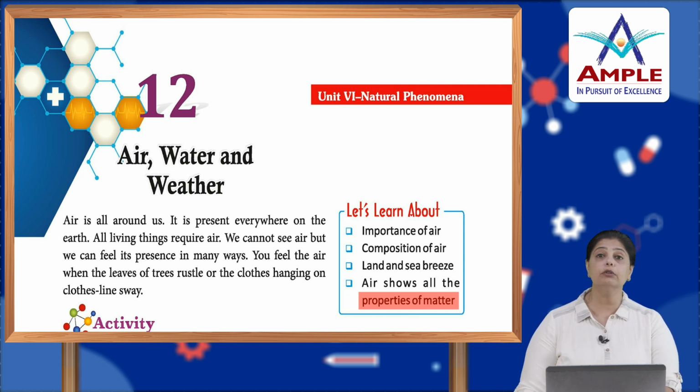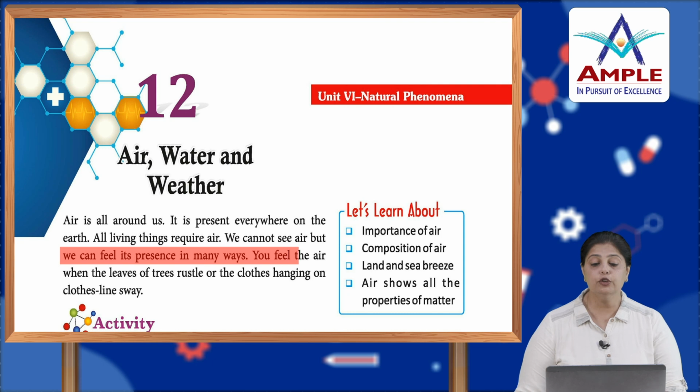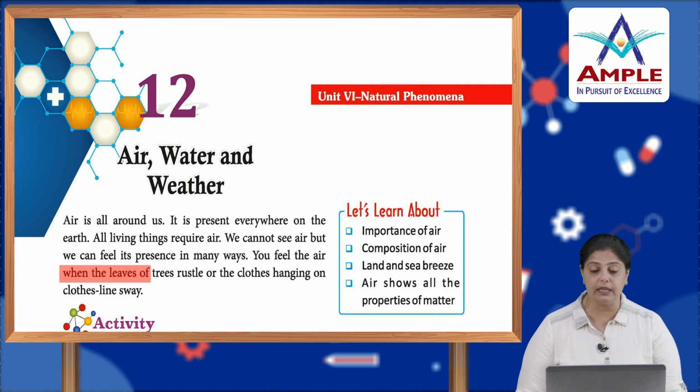We all know that air is all around us. It is present everywhere on the earth. All living things require air. We cannot see air, but we can feel its presence in many ways. You feel the air when the leaves of a tree rustle or the clothes hanging on the clothesline sway.